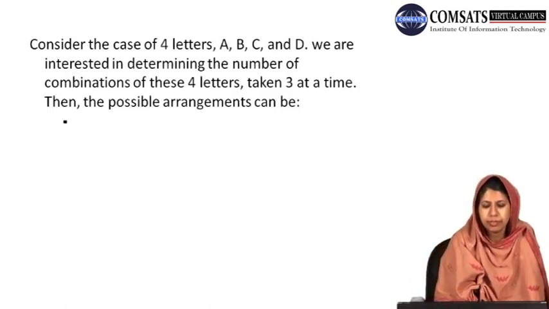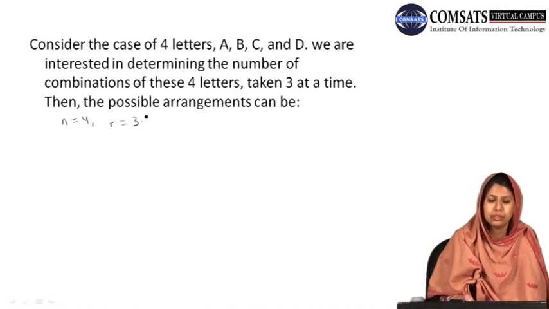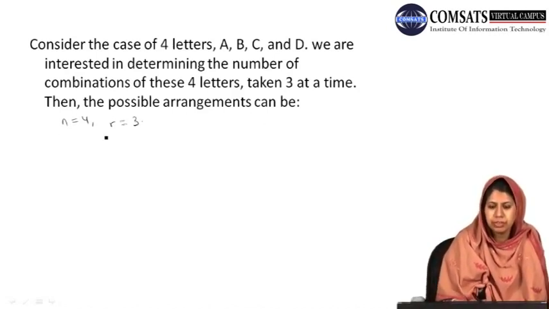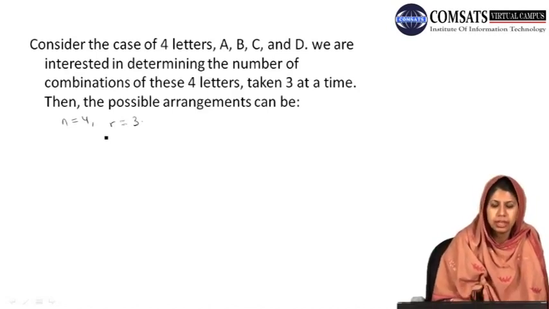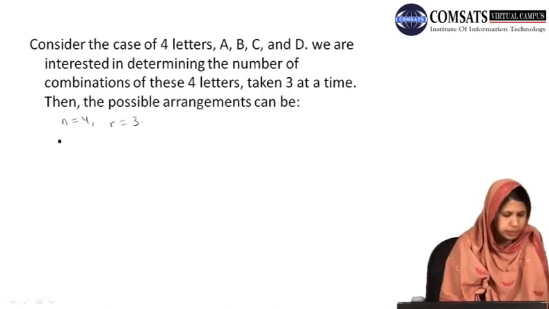That is, n is equal to 4 and we are taking 3 at a time, so r is equal to 3. First we will write the possible arrangements only in this example, just to understand how we can find our combinations.